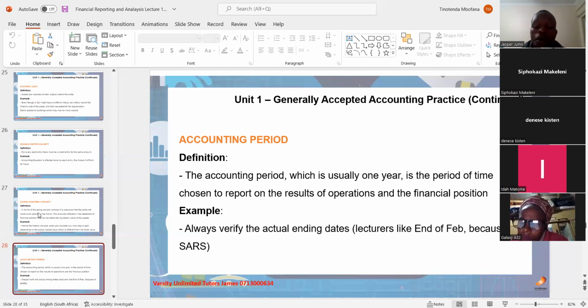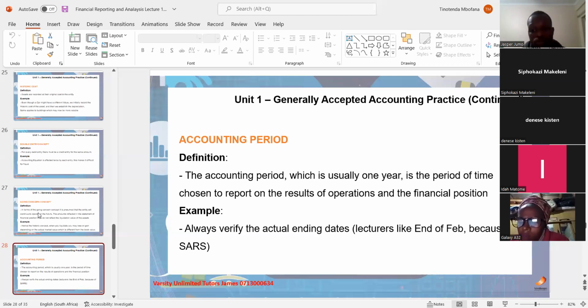What period is it? Normally, when you are answering your exam questions and the assignment questions from your lecturer, usually the accounting period is from 1 March up to 29 February. There's a reason for that. SARS, taxes and whatnot, but don't worry about that.